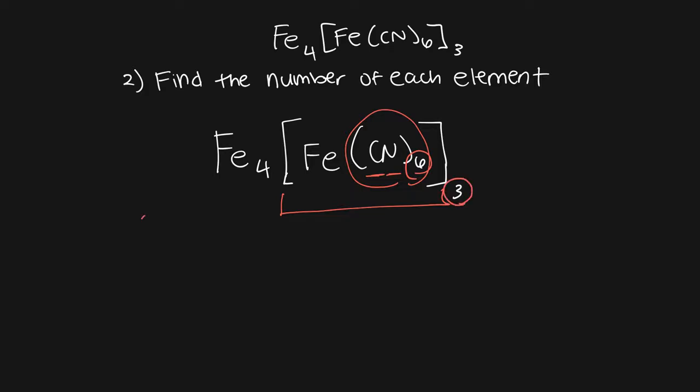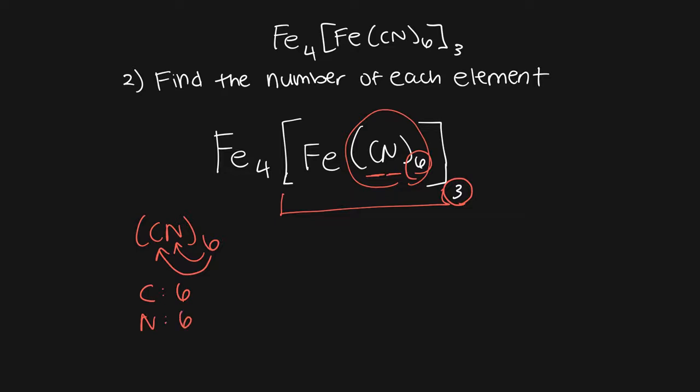So let's start with the CN6 group. Since the subscript distributes to each element in the parentheses or brackets, we know in the CN group there are 6 carbon atoms and 6 nitrogen atoms.